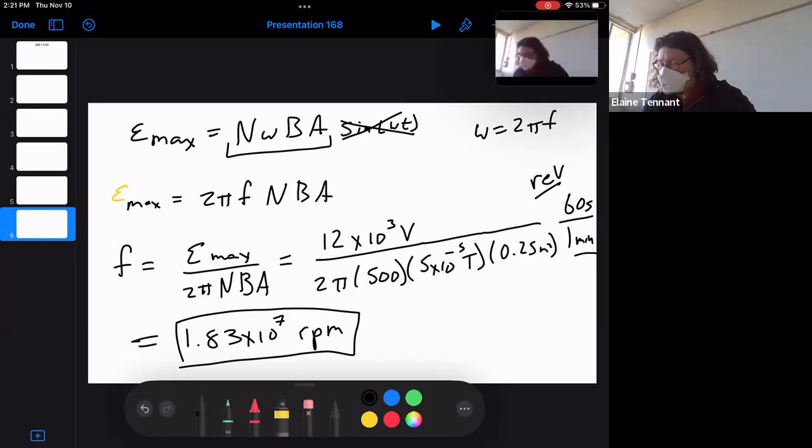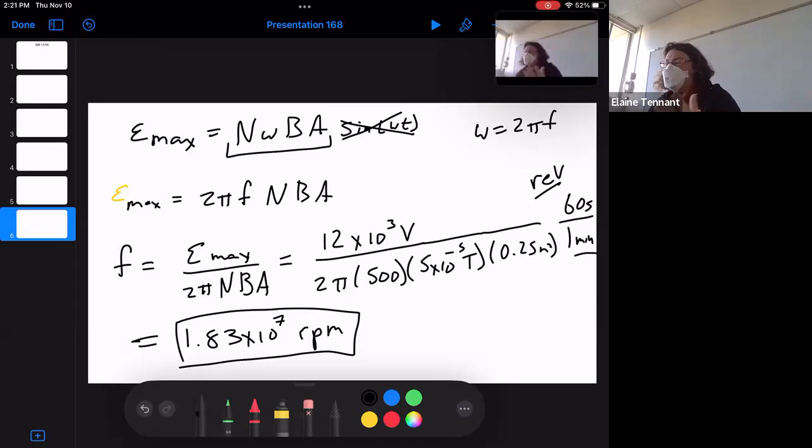Can you conceive of spinning something so it spins 10 to the 7th times every minute? Probably not. You're approaching the speed of light there. So no, this is not a reasonable speed to spin anything.